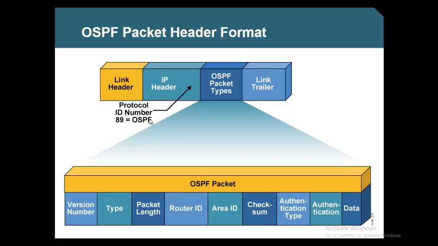So in the layer 3 header, when you have IP89, layer 3 will have a new layer right at the edge of layer 3. A new layer will begin. It's also part of layer 3 called OSPF. I repeat.